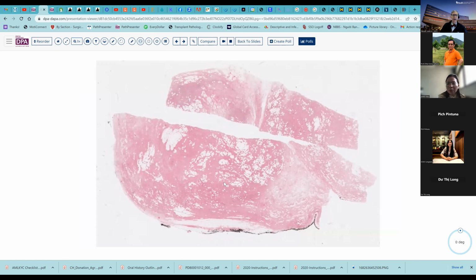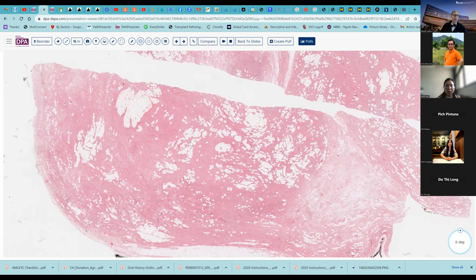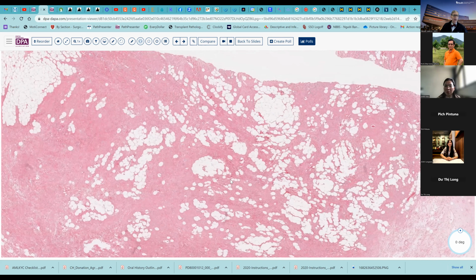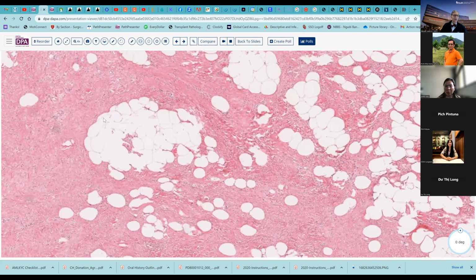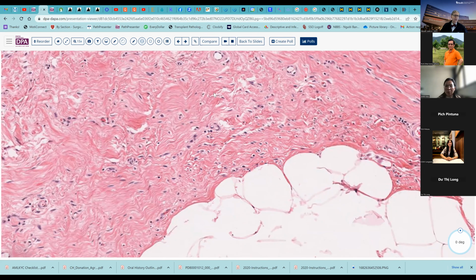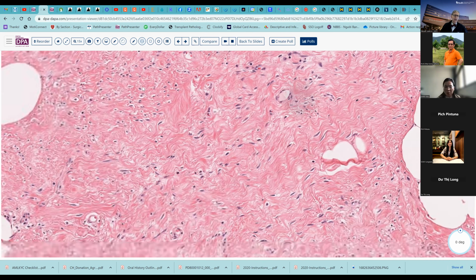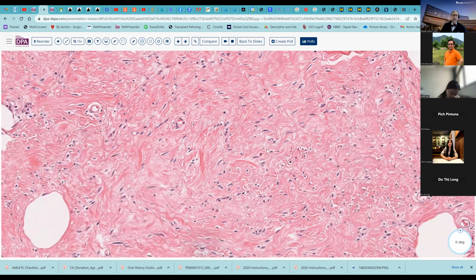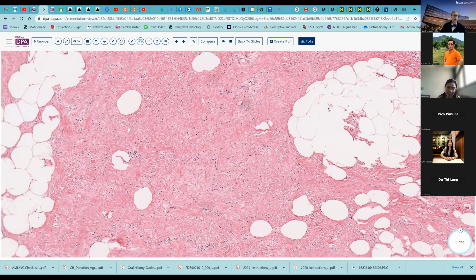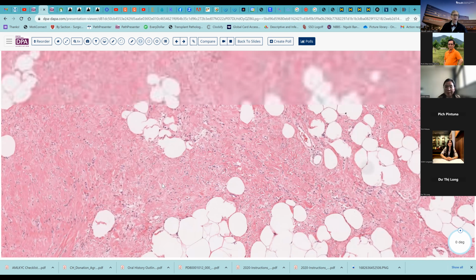And here is a nice example. In this lesion, notice again, we're sort of encompassing fatty tissue. And the morphology is very collagenous, very low-grade spindle cell appearance in this situation. So, it fits into this category of low-grade spindle and collagenous tumors that we've been talking about.